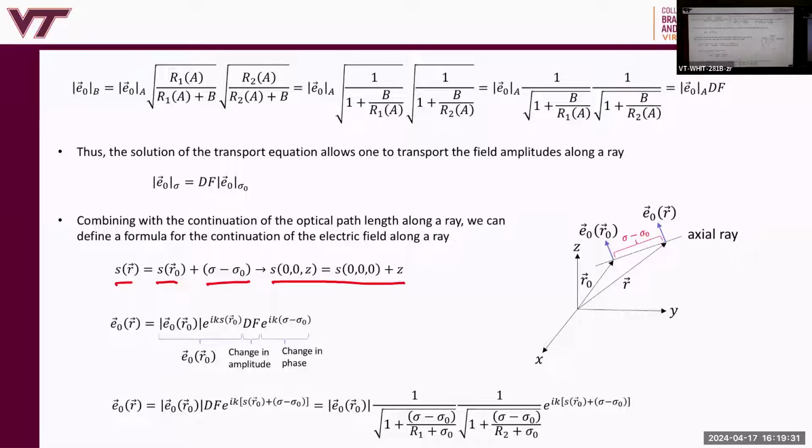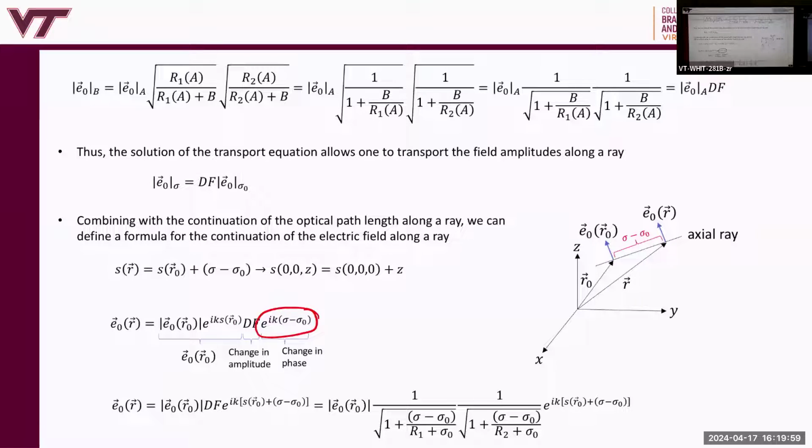So here's a little image here. Okay, so first here. The electric field for the zeroth order term at some point R is equal to the electric field at some point R naught, times the change in the amplitude using the divergence factor, and the change in the phase using the optical path length from sigma naught to sigma, right?